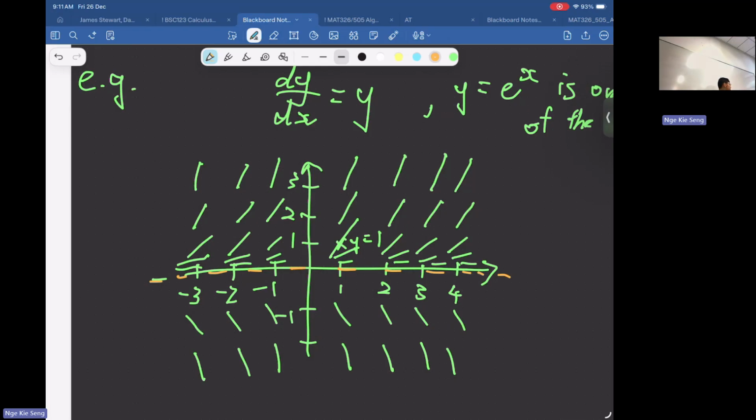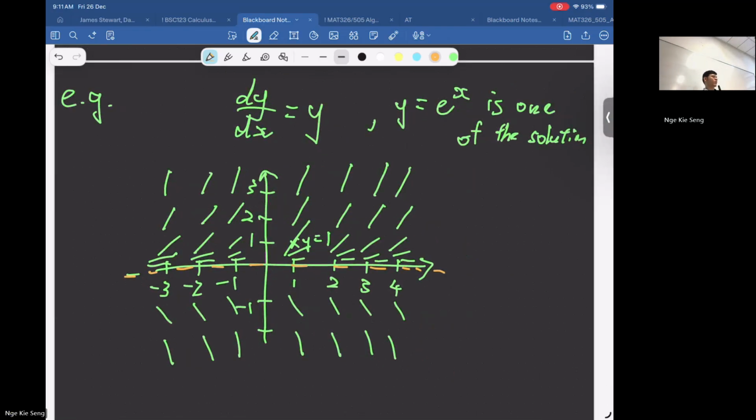So can you try and guess, for y equals e to the x, what's the initial value for this solution? Where do you start? What's the initial value? I mean, you evaluate y(0), it has to be 1.